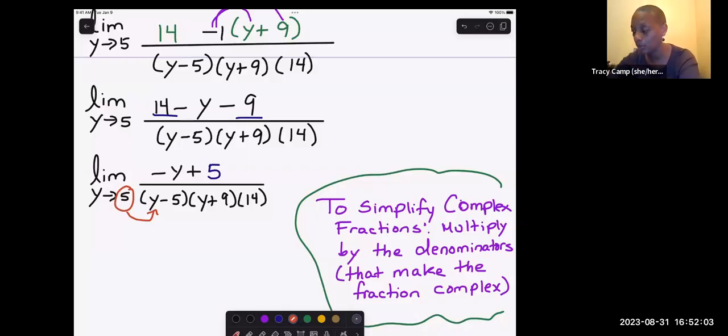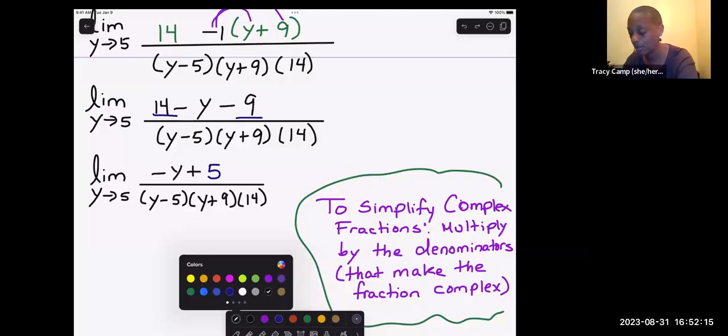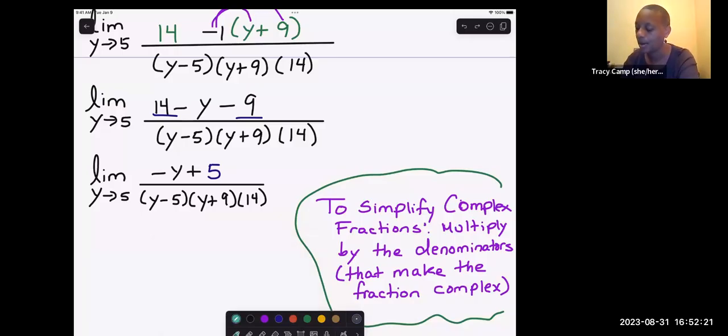So in order to make them exactly the same, and you're allowed to do anything to a fraction as long as you do it to both the numerator and the denominator, I'm going to multiply both my numerator and my denominator by -1.